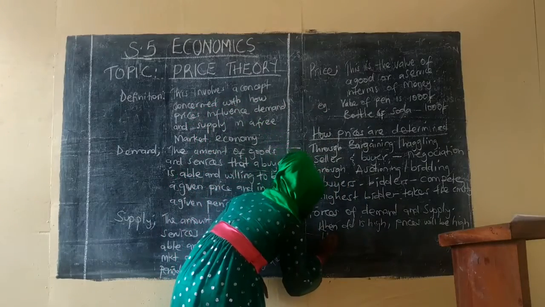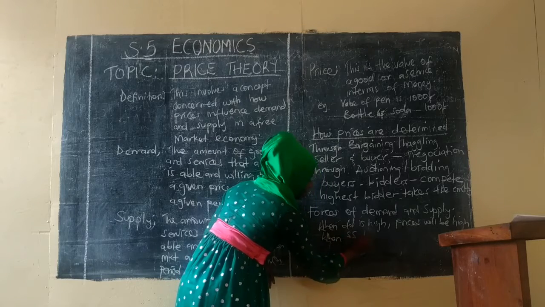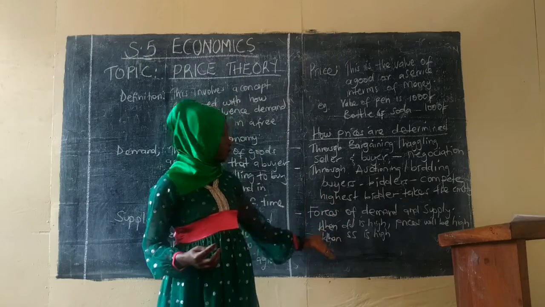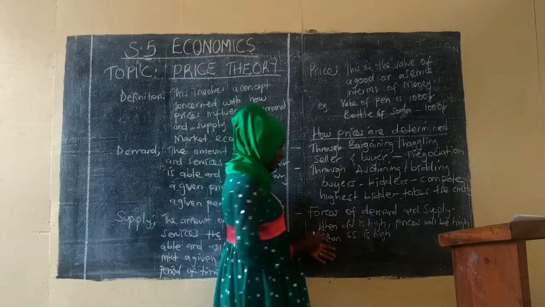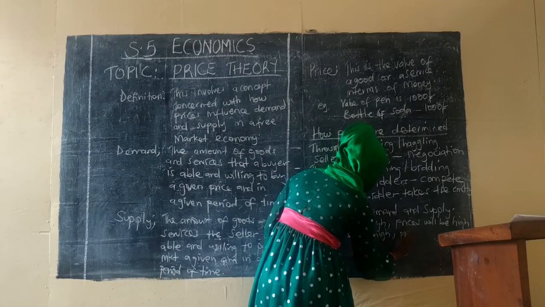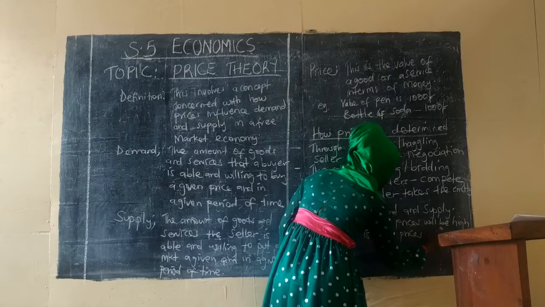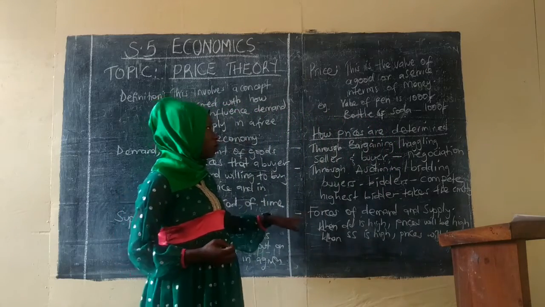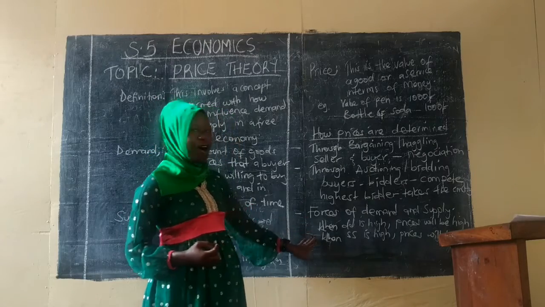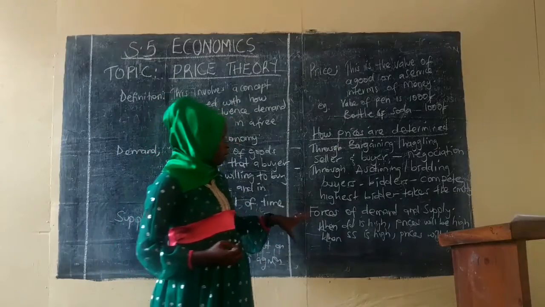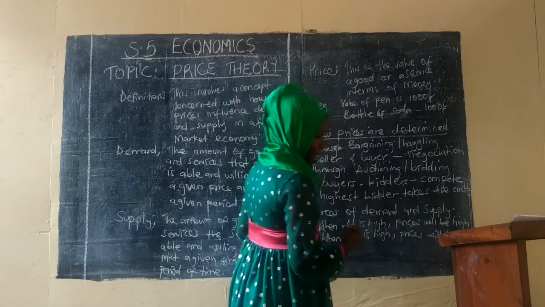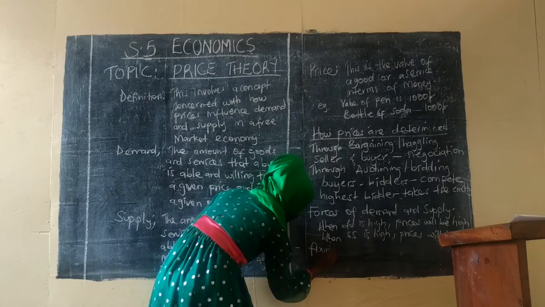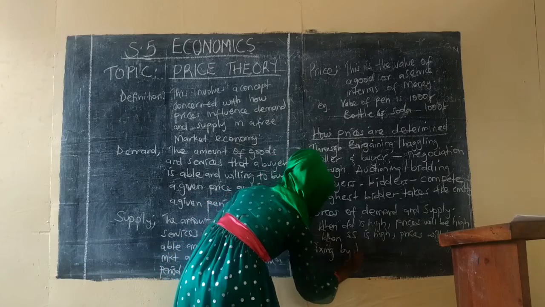And when the supply is high, when we have an excess of goods on the market, then my prices will be low. So the forces of demand and supply determine how much the goods will be sold at. Then we have another way, which is called fixing by treaty.